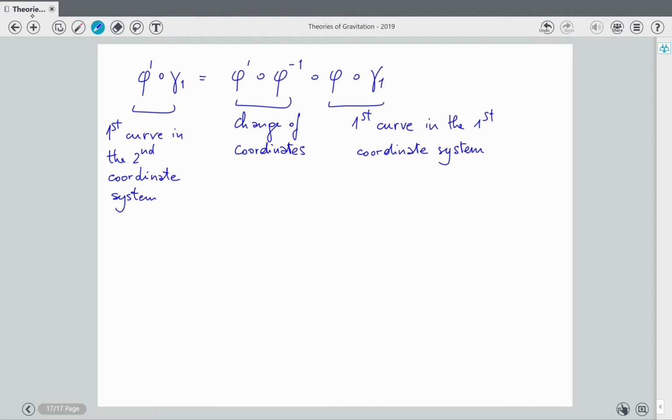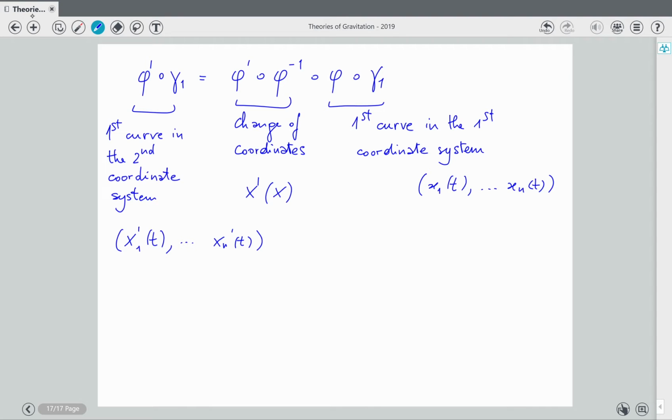So let's recall that this was x1 of t, ..., xn of t. This is a change of coordinates, so it goes from the coordinate x to x prime of x, and this is x prime 1 of t, ..., xn prime of t.